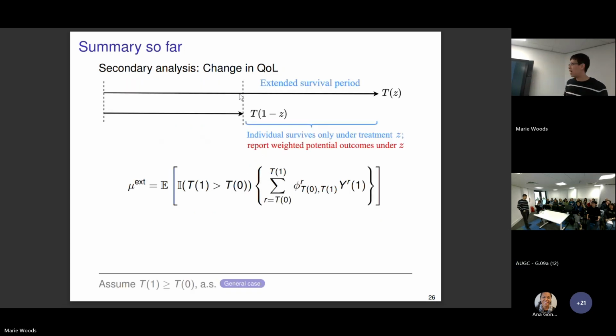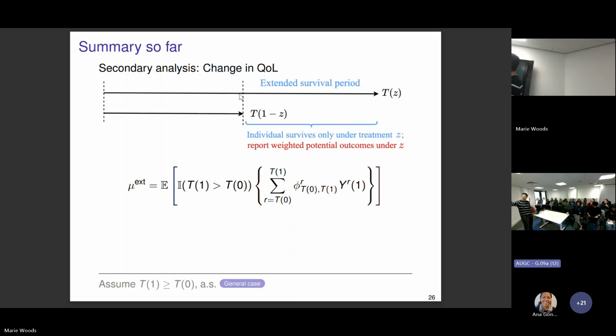Okay. And then we have some additional data that we haven't used so far, right? For the first time period, we have both Y1 and Y0, so we try to estimate the weighted treatment effect in that period. For the extended survival period, where you would only survive under treatment Z, but not under treatment 1 minus Z, you can also report something called while-extended survival. So what's the additional quality of life you gain in this period? In this period, you don't get a causal effect, right?